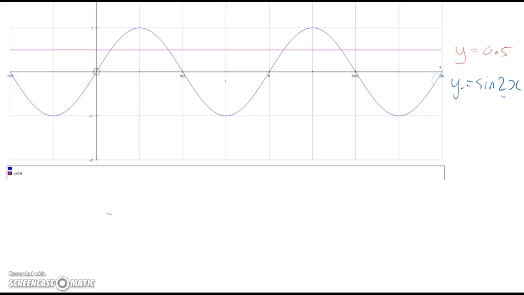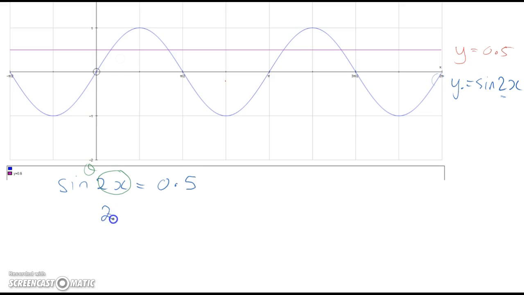So pretty much what I'm solving for here is sine 2x is equal to 0.5. Now this whole thing over here is my theta, and my answer that I get when I solve for the inverse of sine will be alpha.